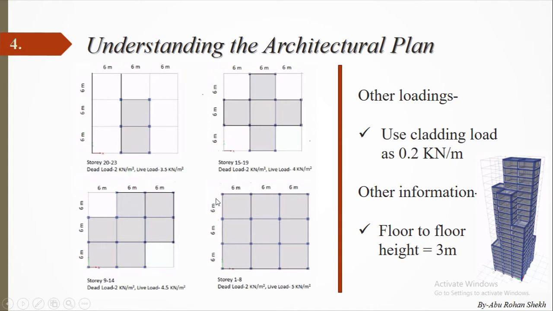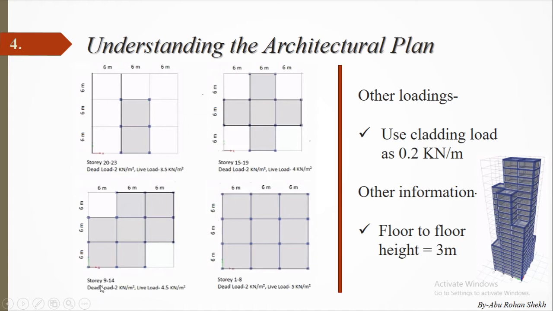There is a constant dead load for every floor of this structure, but there is a varying live load from floor to floor. From story 1 to 8 the live load intensity is 5 kN per square meter.